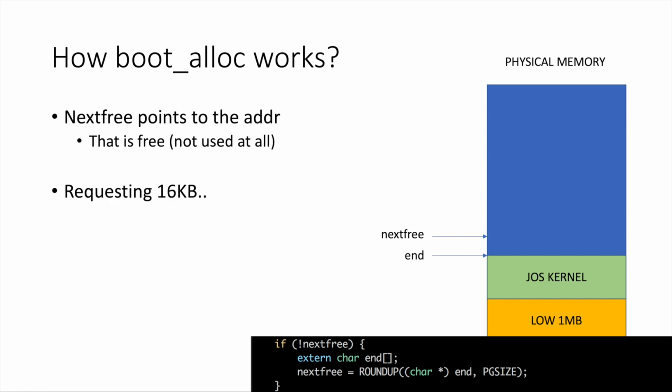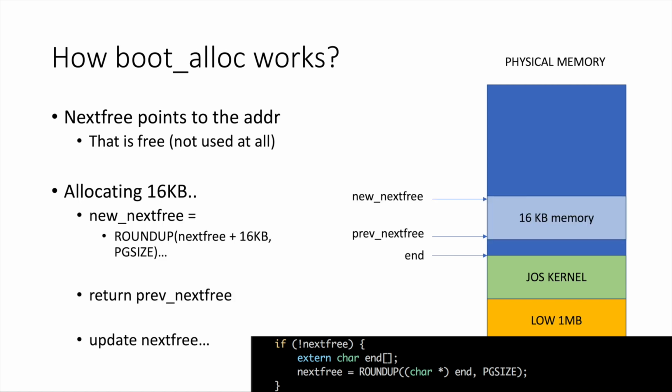And next is about taking a look at an example of how actual memory allocation should happen with boot_alloc. Suppose we have a request for allocating 16 kilobytes of memory. In such a case, what we can do is set a new variable, new_nextfree, as the roundup of nextfree plus 16 kilobytes, to point to the end of the 16 kilobyte memory if we allocate a new one starting from nextfree.